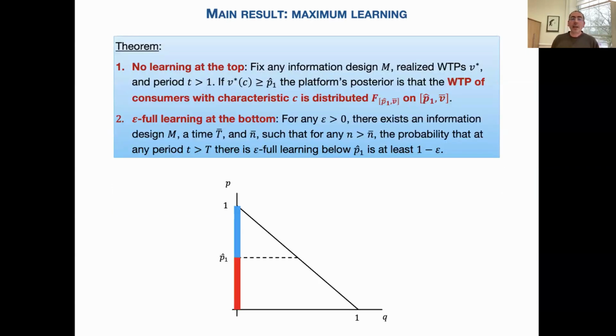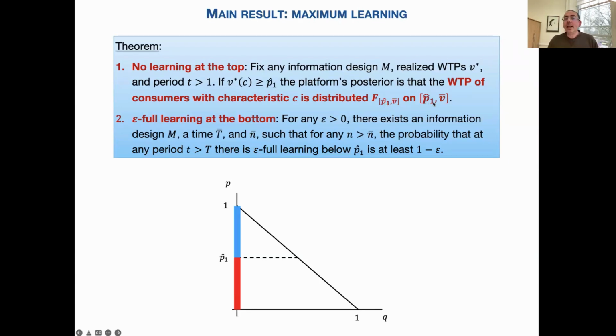The main result is the following. The first part: fix any information design, fix any realization of the true valuations, so any true demand, and take any period t bigger than 1. If the value of a consumer is above the monopoly price, then the platform's posterior is that the willingness to pay of these consumers is distributed according to the original F truncated at the optimal uniform price on the support.